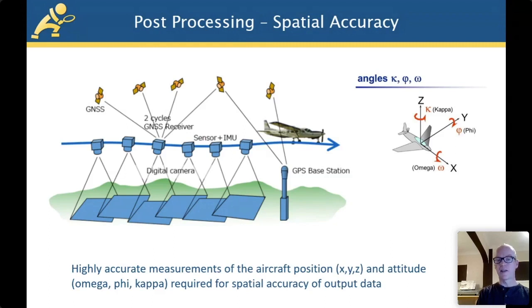So we can use those to triangulate the airborne GPS and get an even more accurate fix at a particular moment in time to the nearest second. Once we merge that with our IMU data, we've got our XYZ and our roll, pitch, yaw, or omega phi kappa orientation of the camera system at the point of capture.